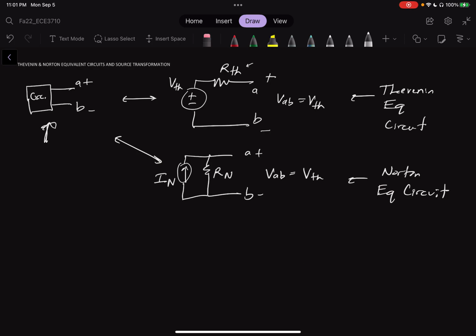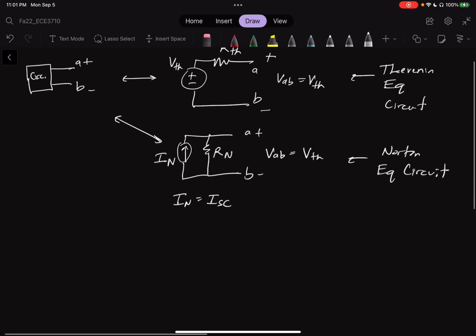Now, sometimes you want to be thinking about current, so if you were to draw the short circuit current, ISC, then that allows you to go to the second drawing where IN is equal to ISC, and you can find the equivalent resistance, Rn, which would be parallel to that current value that you found.